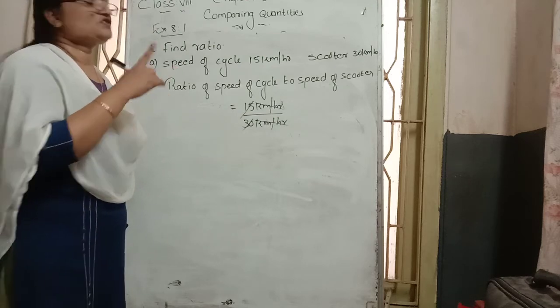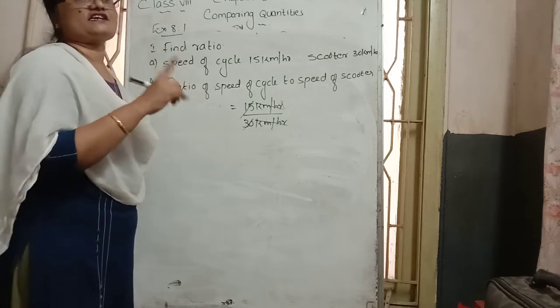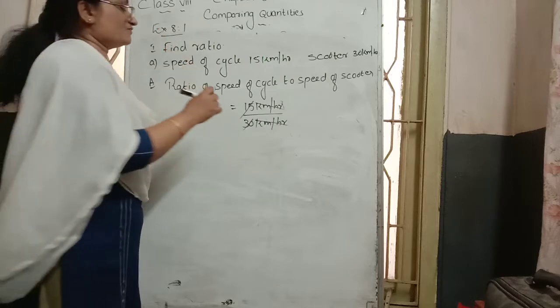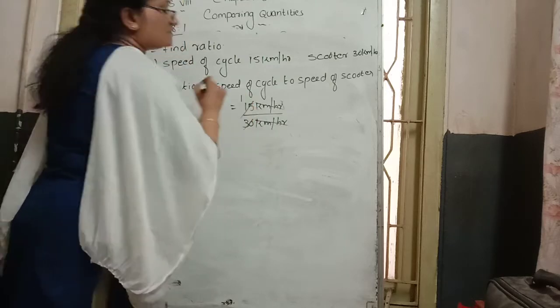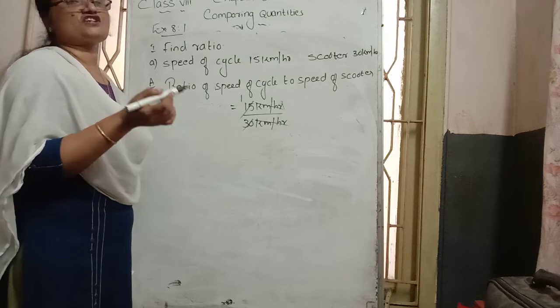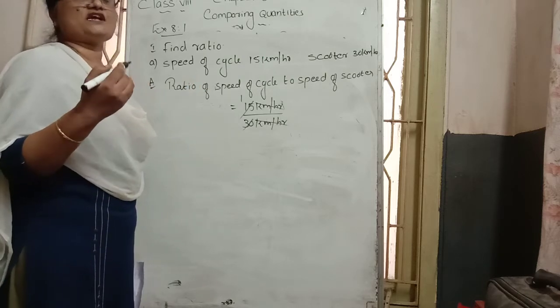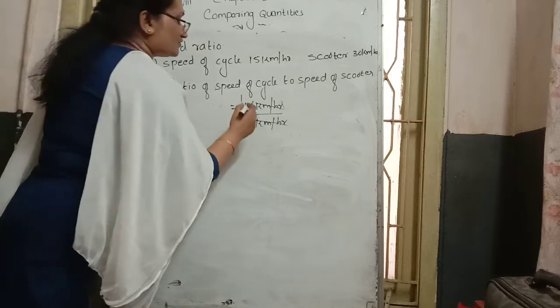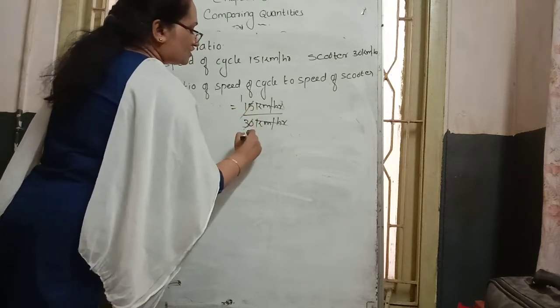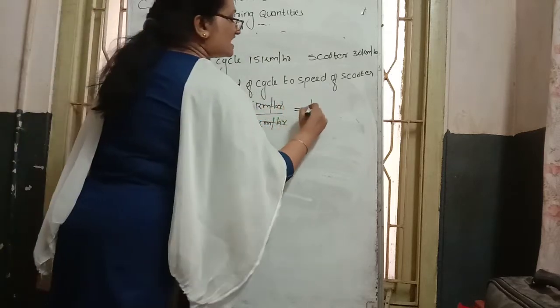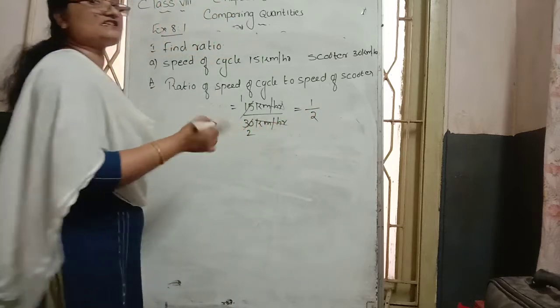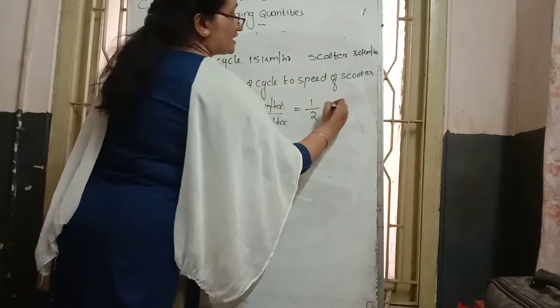We learned how to reduce ratios. Which table can we use? The 15 table directly, or the 3 table, or the 5 table. Any of these tables can cancel it. 15 ones are 15, 15 twos are 30. So the answer is 1 by 2. Then how do we write it in ratio form?